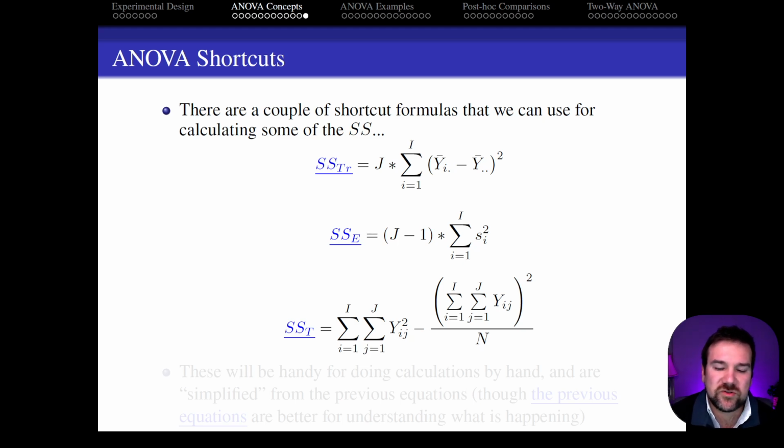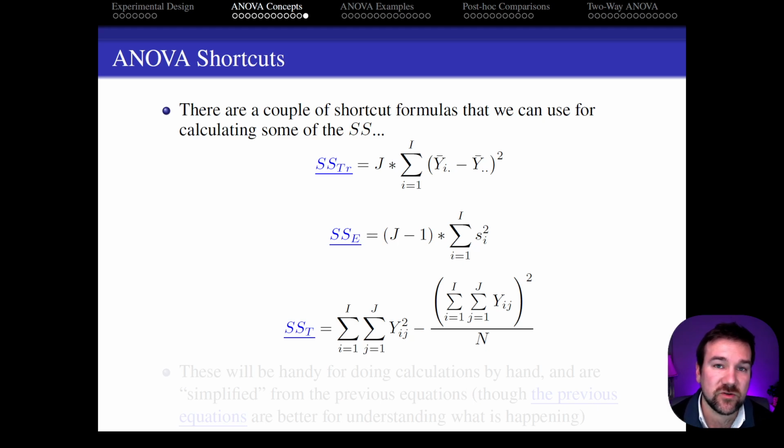For the sum of squares total, this equation looks kind of yucky, and it kind of is. You would take each of the data values squared and add them all up. That's on the left-hand side, the sum over i and sum over j of y sub ij squared. That's just taking all of the dependent variable values that you have, squaring them, and adding them all up. The second thing is you add up all the dependent variables, and then you square after you add them all up.